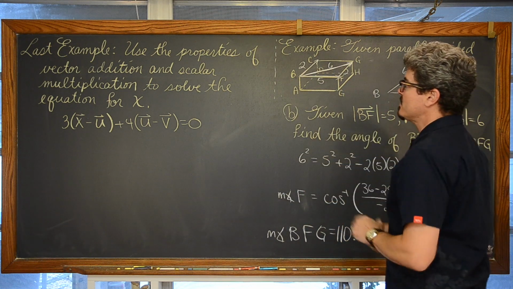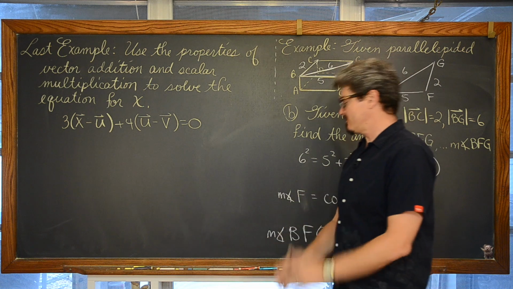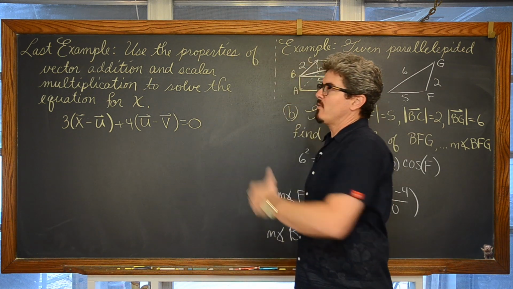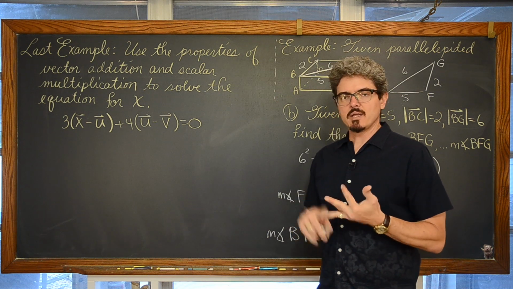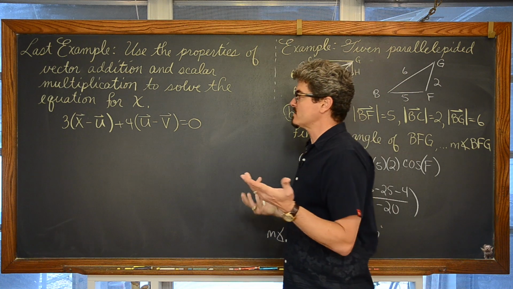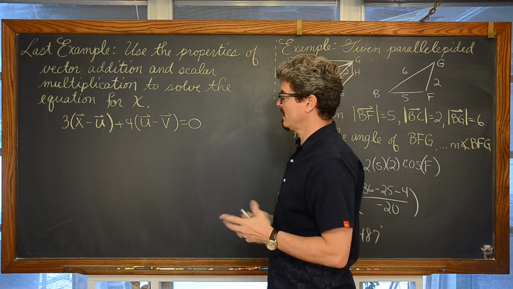Now, our last example used the properties of vector addition and scalar multiplication to solve the equation for x. So far, our properties of vector addition and scalar multiplication look very similar to just properties of addition and multiplication. So solving this is going to look like we're just solving an equation.